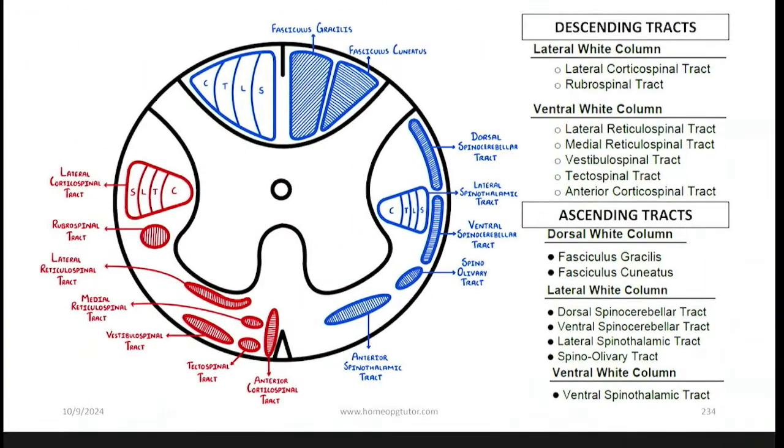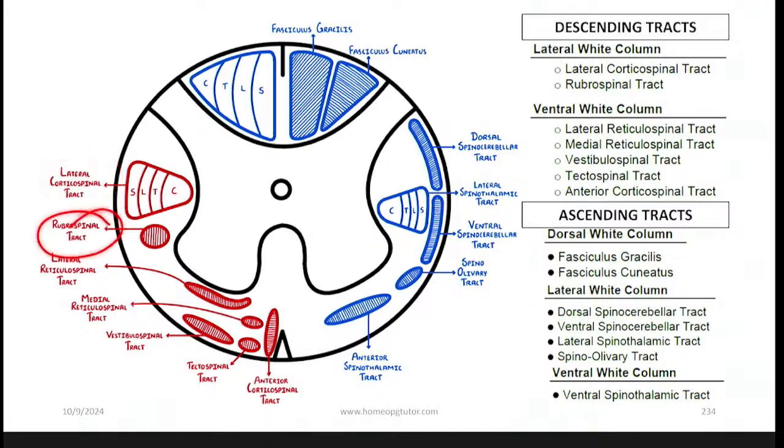Talking about the descending tracts, this is a simpler image on your screen. We have the lateral white column, in which we have two kinds of tracts. One is the lateral corticospinal tract, as well as the rubrospinal tract.